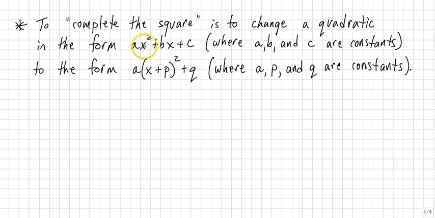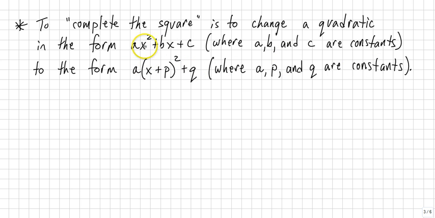So instead of ax squared plus bx plus c, where we just have each term being added or subtracted to the other one, we're going to make it look like this, where this a is this a, and then it's times the quantity x plus some other number p, that quantity raised to the second power, plus some other constant q. So a, p, and q are constants and the variable is x.